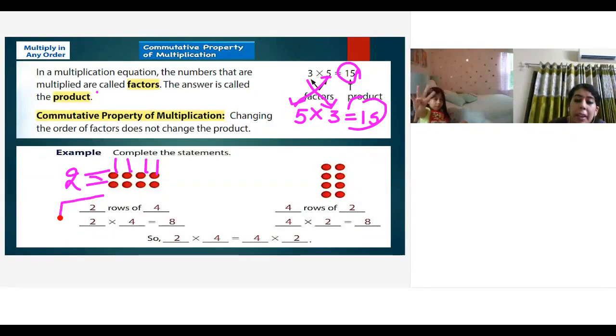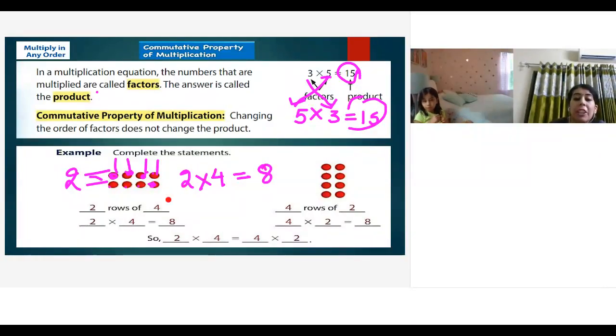So we write it as 2 rows of 4. Now you multiply 2 times 4, so the answer you will get is 8. Can you see 8 counters are there?